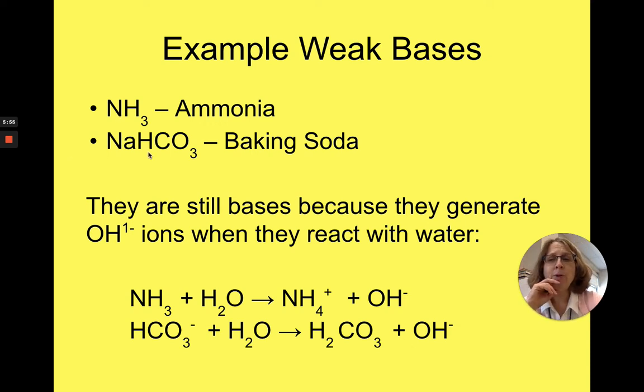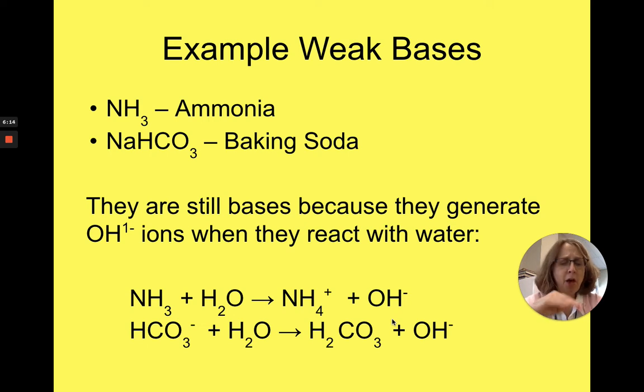Well, ammonia and baking soda can actually steal hydrogen from water. So when you make a basic solution with ammonia and water, essentially what happens is it takes a hydrogen from the water, remember it's H2O, and leaves behind a hydroxide.